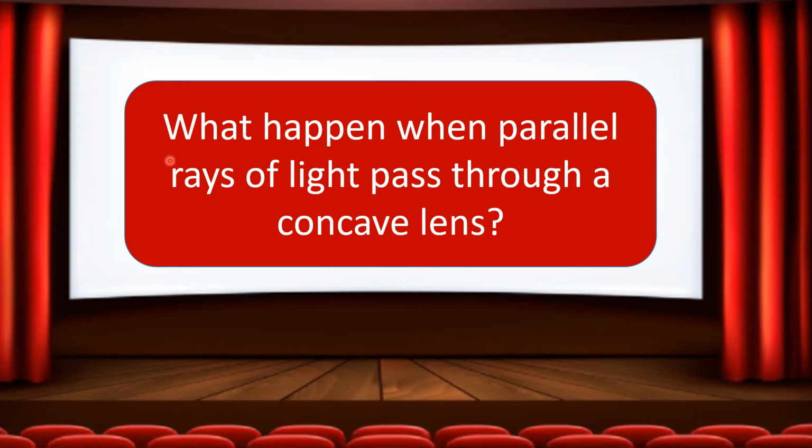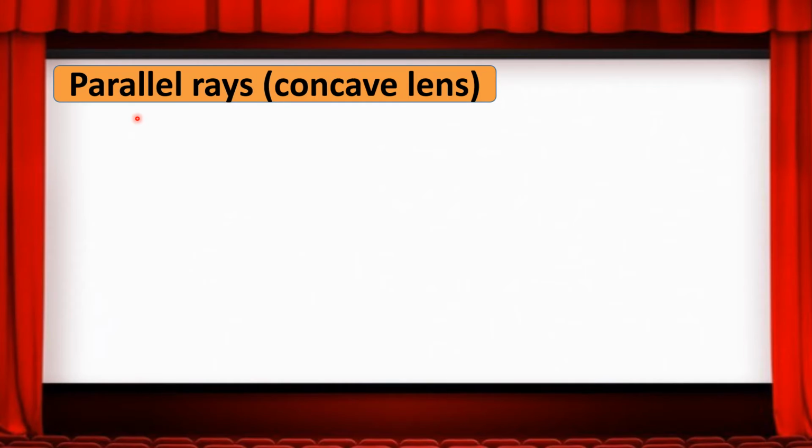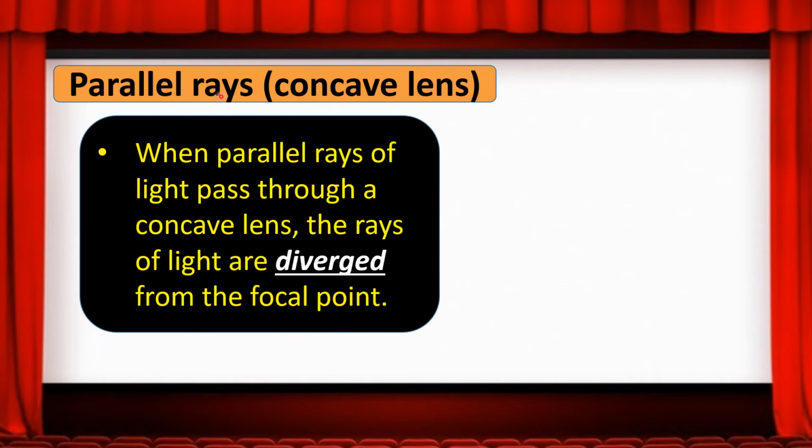Another question: what happens when parallel rays of light pass through a concave lens? In the previous slide, the question was, what will happen to the parallel rays when they pass through a convex lens? But this time, what will happen if they pass through a concave lens? Do you have any idea? So we have these parallel rays using a concave lens.